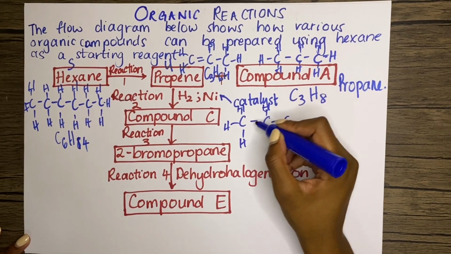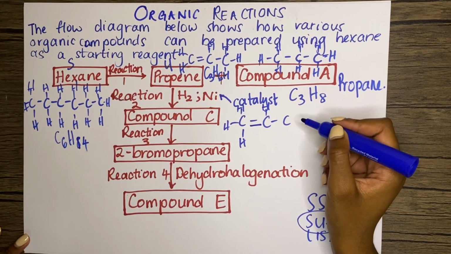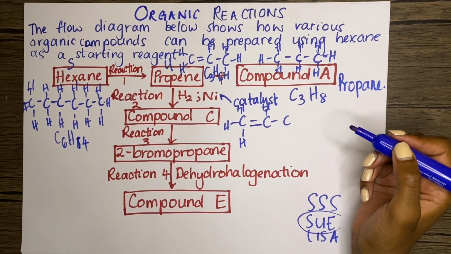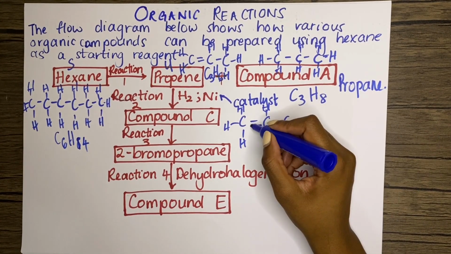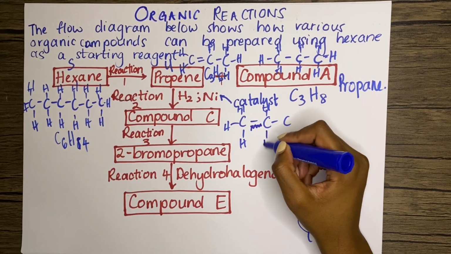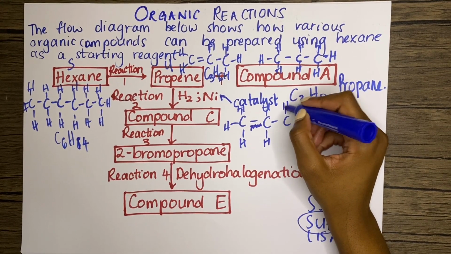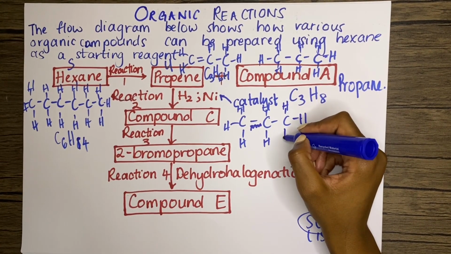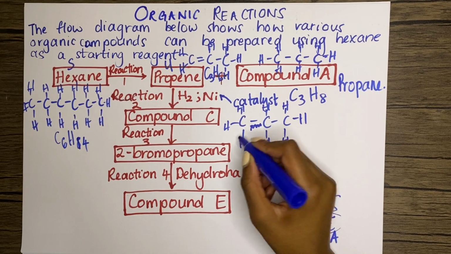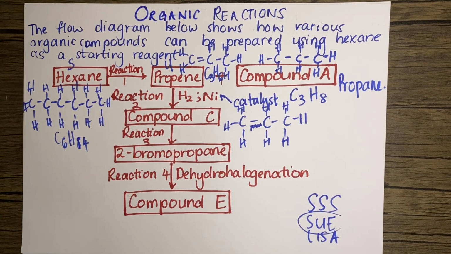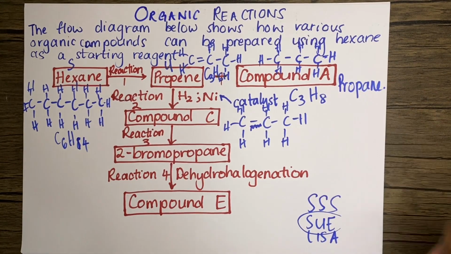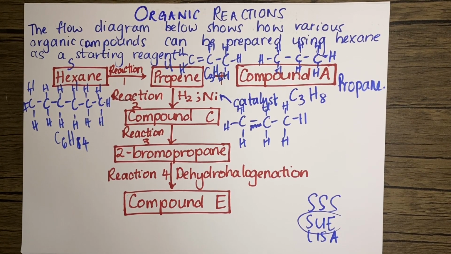So remember, you had a propene, it was like this, right? Now you are adding hydrogens, so you're adding H on both the two adjacent carbons that had the double bond. So now you have a propane basically as compound C. So compound C is going to be a propane.